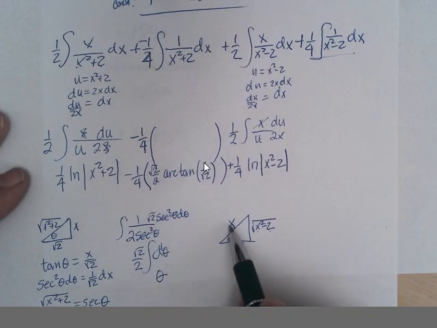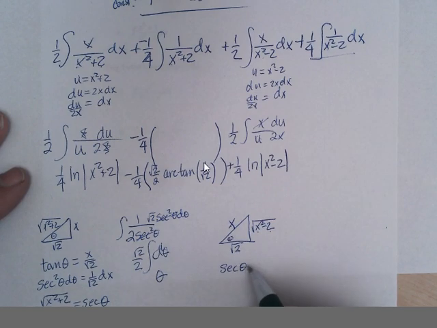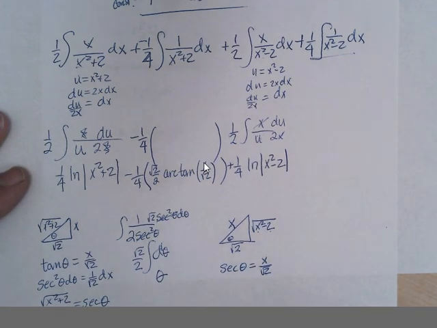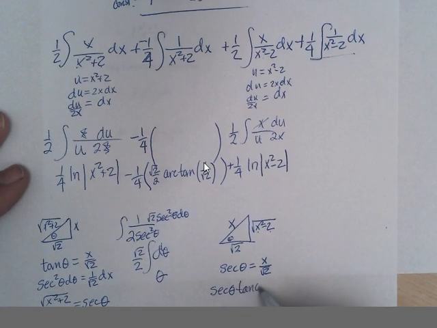So we get secant theta equals x over the square root of 2, 1 over the cosine, secant. So the derivative is secant theta tangent theta is 1 over the square root of 2 times dx, d theta, sorry.